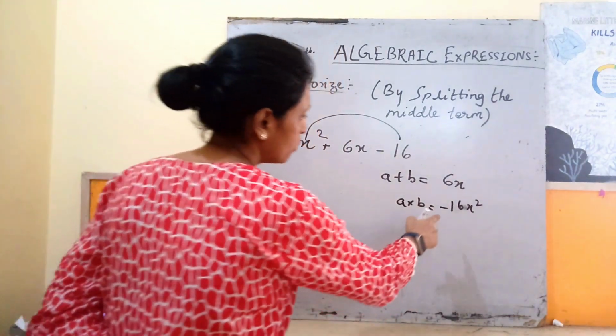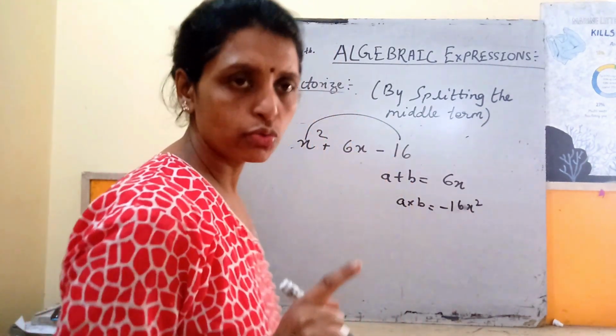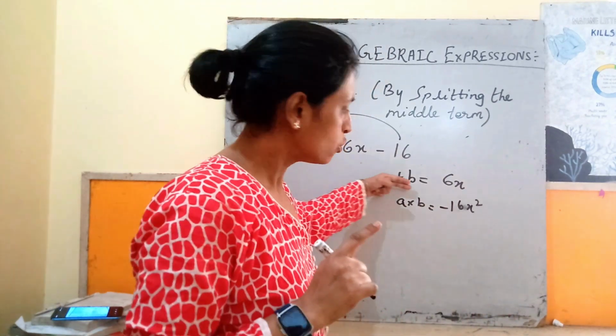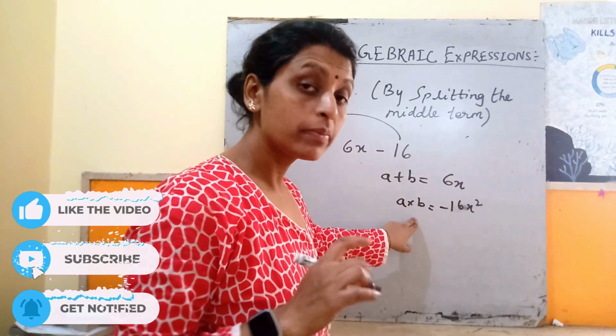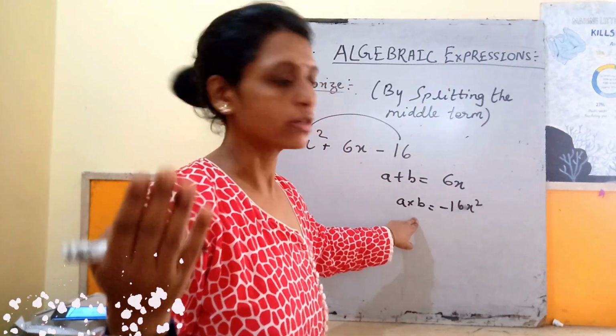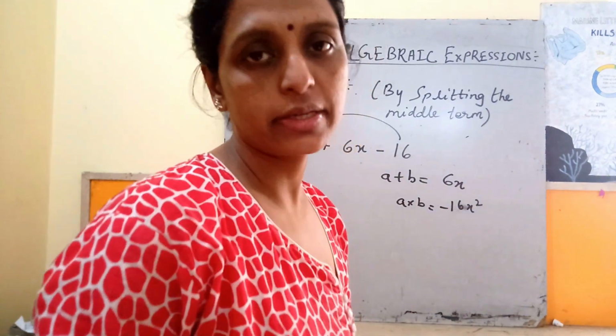So we have to find two terms such that adding them gives 6x, and multiplying them gives minus 16x squared.